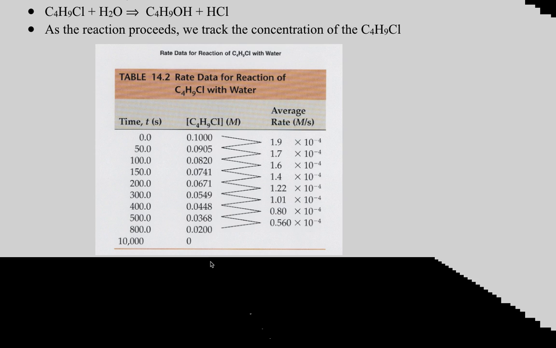But guys, notice what they've done. They've given us time gaps. They've given us molarities, not moles. They've given us molarities, and then they've calculated for us the average rates. And guys, notice what's going on. The rate is going down. But the rate at which the rate is going down is going down.